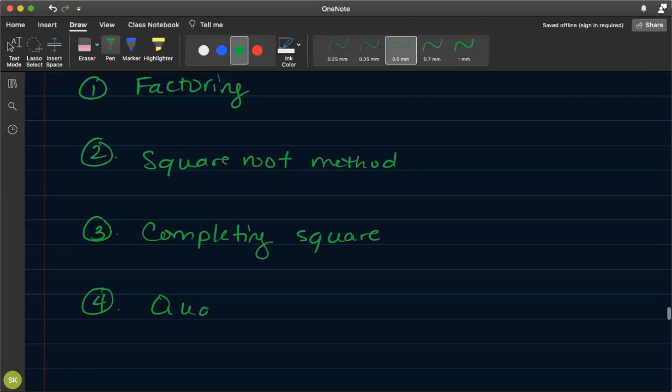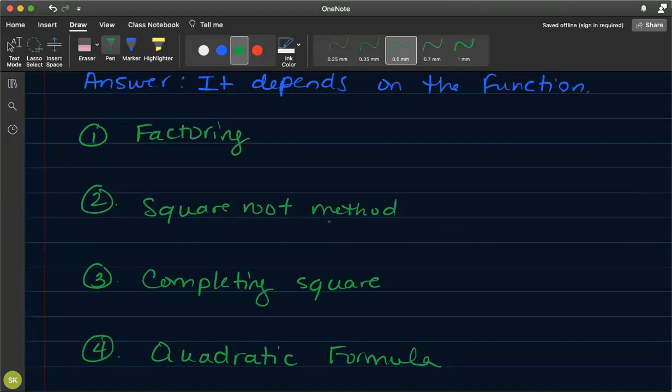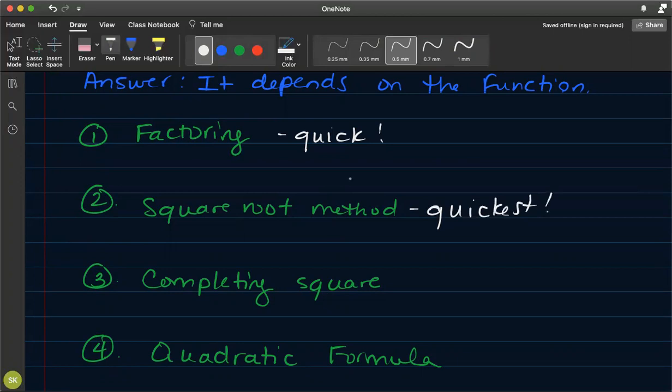Those are the 4 methods we've looked at. Factoring and the square root method are the quickest. I think square root method is the quickest, and then factoring.